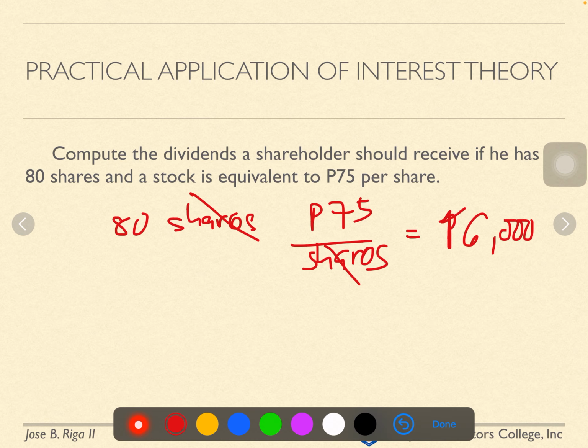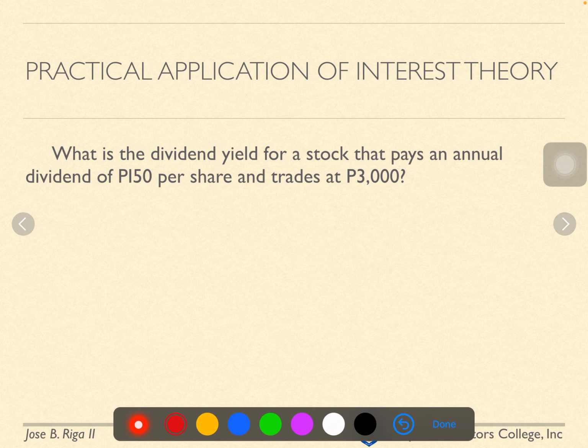So that's your dividend. Next, what is the dividend yield for a stock that pays an annual dividend of 100 pesos per share and trades at 3,000?